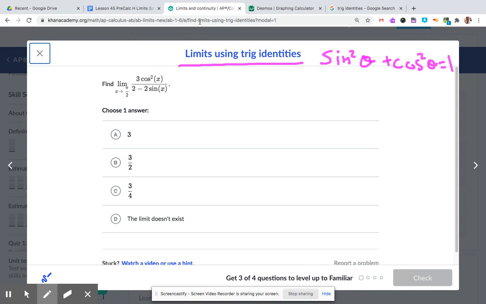Okay, good. That's what I'm going to use to manipulate the cosine squared. Now, when I looked through identities, I didn't see a lot that jumped out at me. But I do need to get cosine in terms of sine to try to cancel these out.